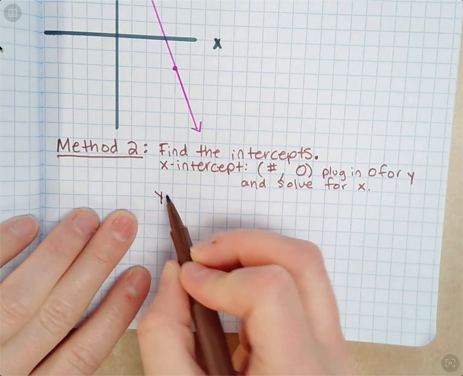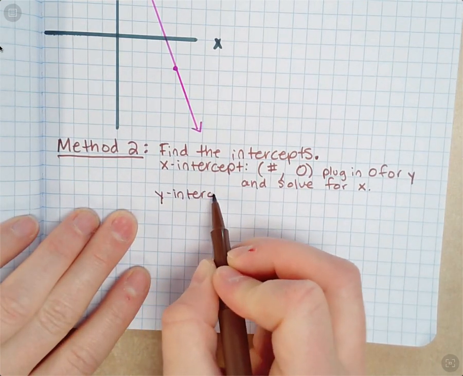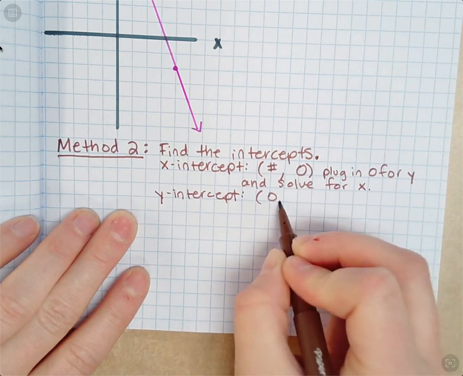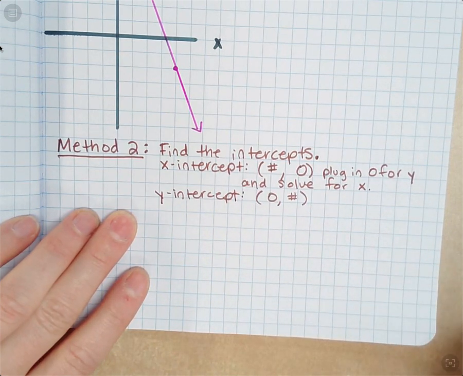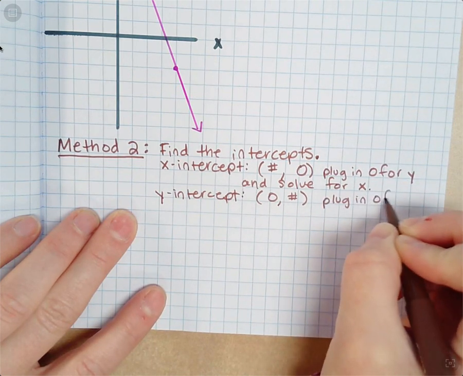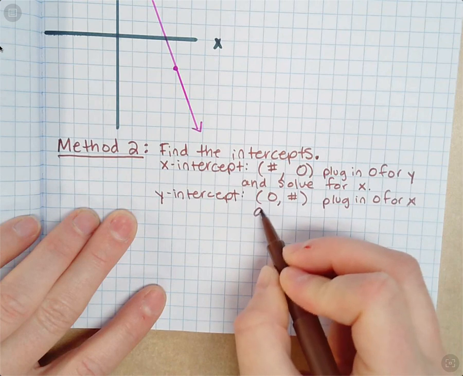For your y-intercept, you're going to have a number for y and a 0 for x. So you're going to plug in 0 for x and solve for y.